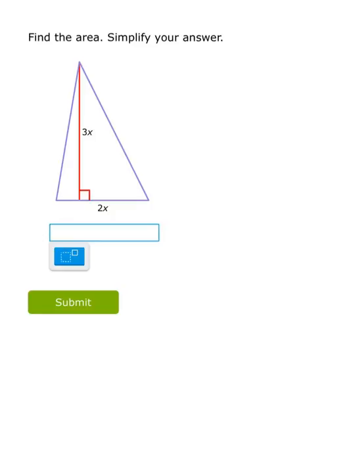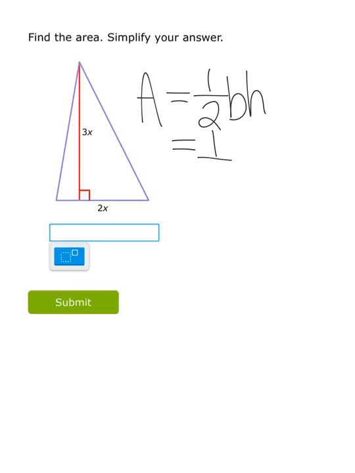Okay, now we have moved to a triangle. The area of a triangle is 1/2 base times height. So my base is 2x, and my height is 3x.